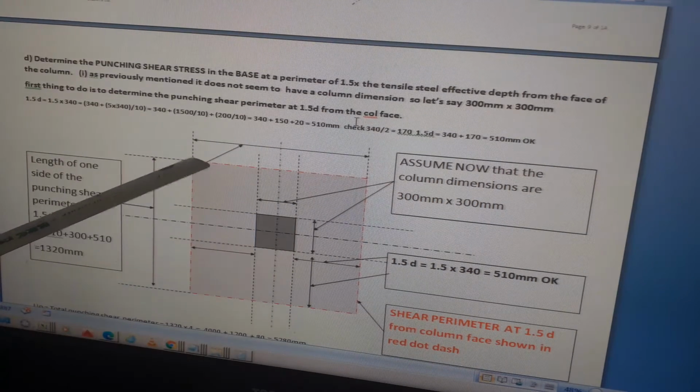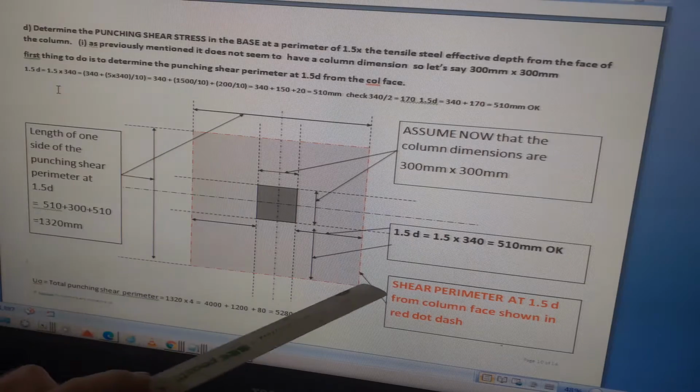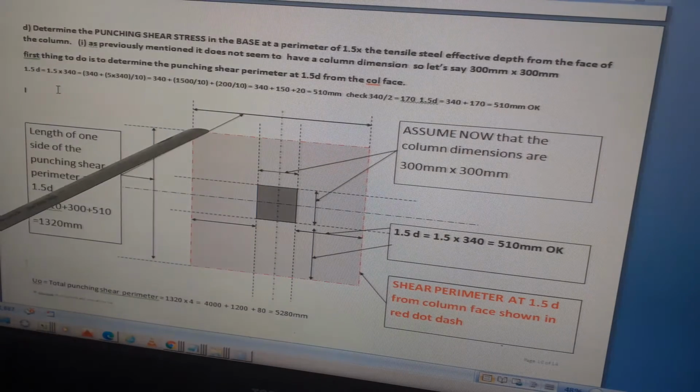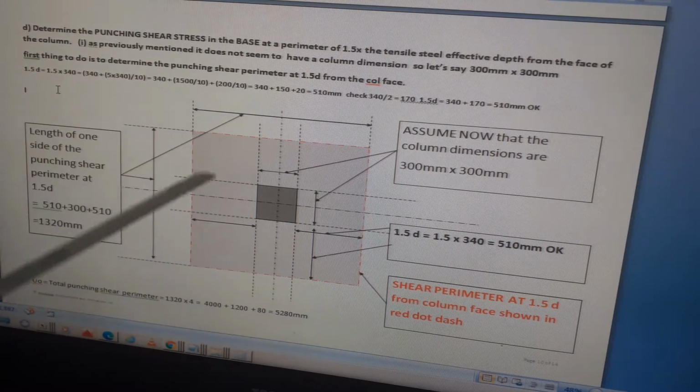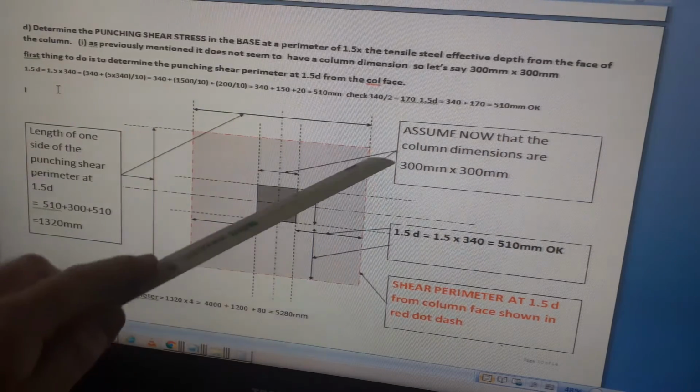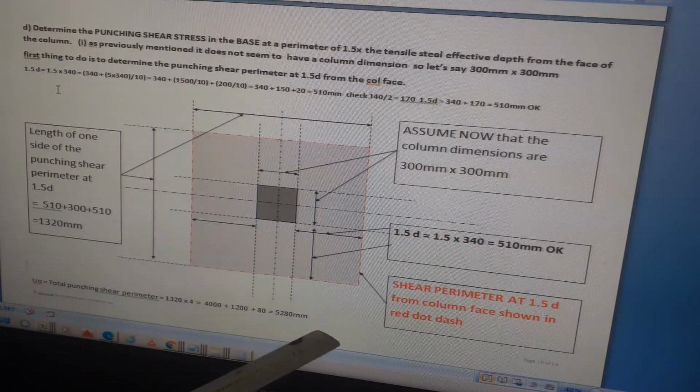So the next thing to do is the total shear perimeter, uo. That's equal to 1320 times 4, because it's 1, 2, 3, 4 times around: 1320 here times 2, times 3, times 4. That equals 5280 millimeters.